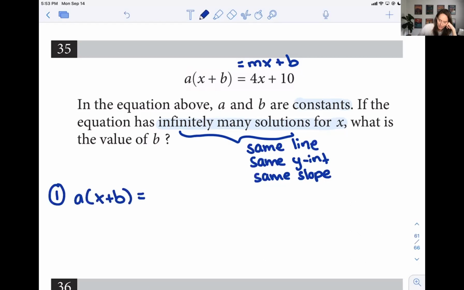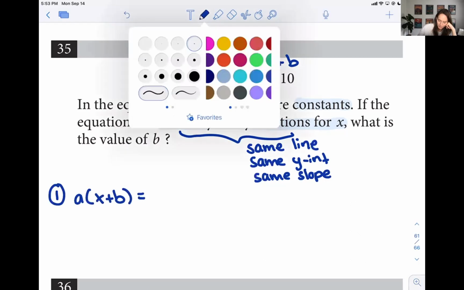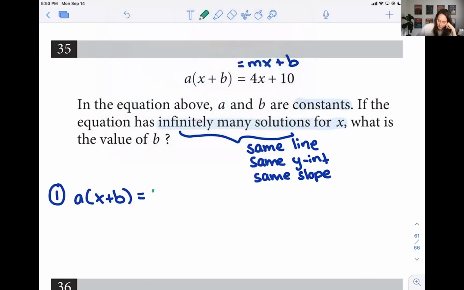So we're going to factor out a 4, and then multiply that by x. And then I need to think 4 times what gives me 10. I like to sometimes think about numbers in terms of money. It makes it easier to do simple math. If I think I have $10 that I need to split between 4 friends, if I only had 2 friends, they would each get $5.